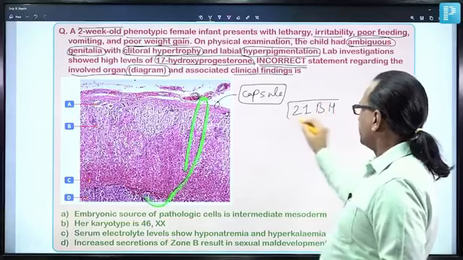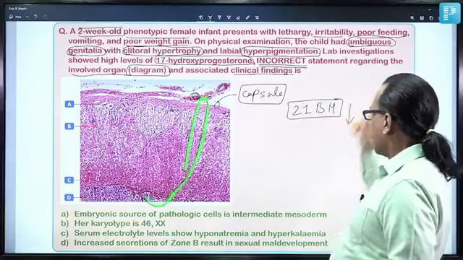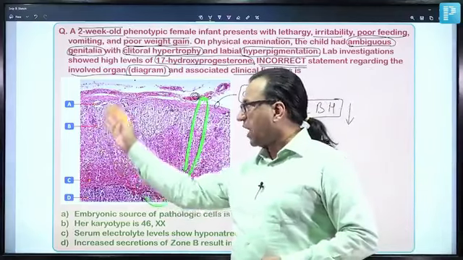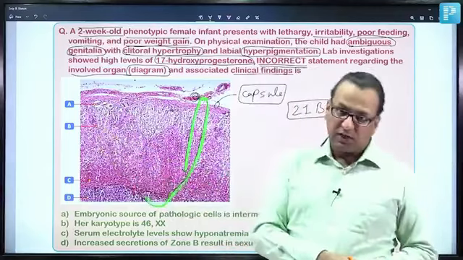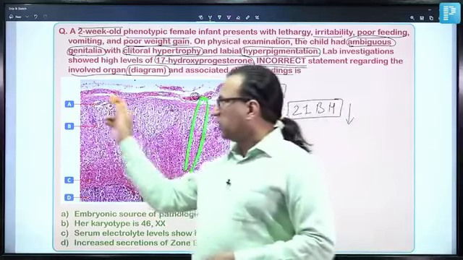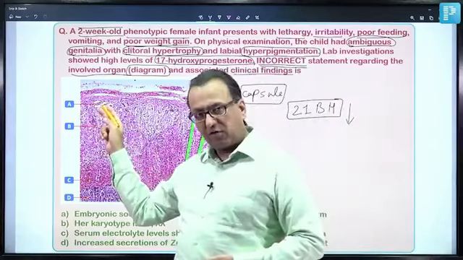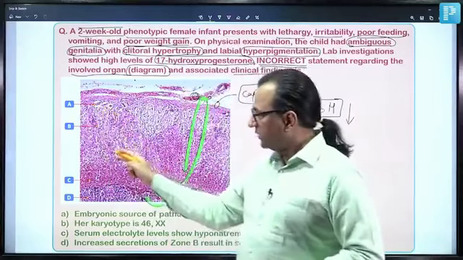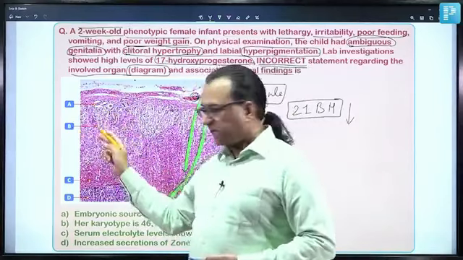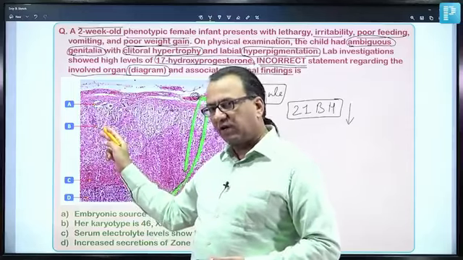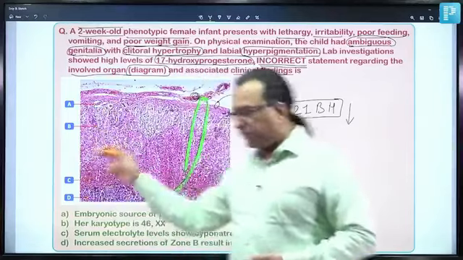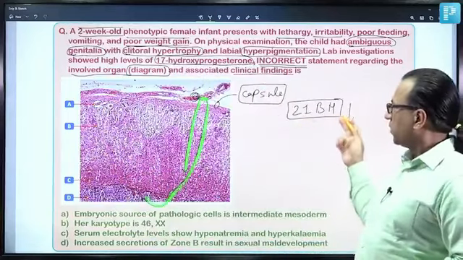And due to deficiency of this enzyme, the zona glomerulosa and fasciculata, the hormones they produce are decreased. So what is zona glomerulosa producing? Mineralocorticoids like aldosterone. It goes down. And what about the zona fasciculata? There, glucocorticoids like cortisol will be going down due to deficiency of this enzyme, 21-beta hydroxylase.